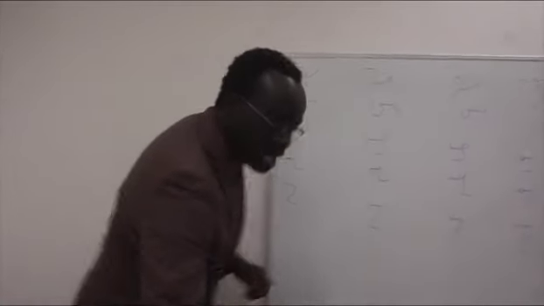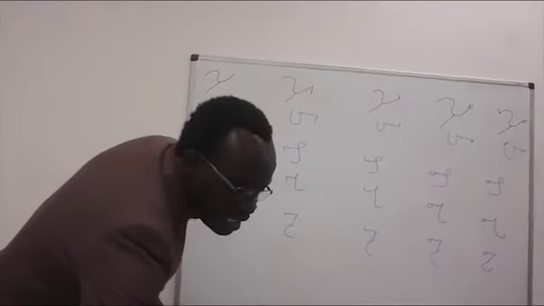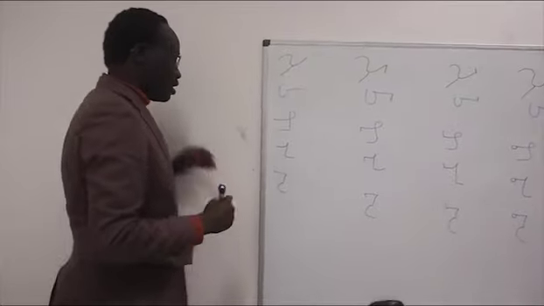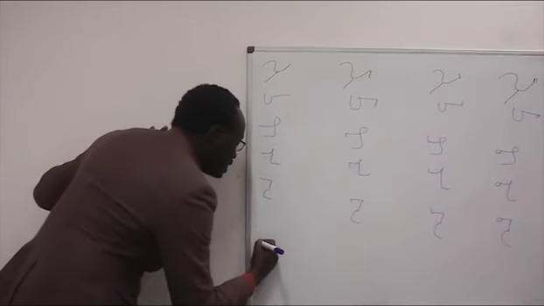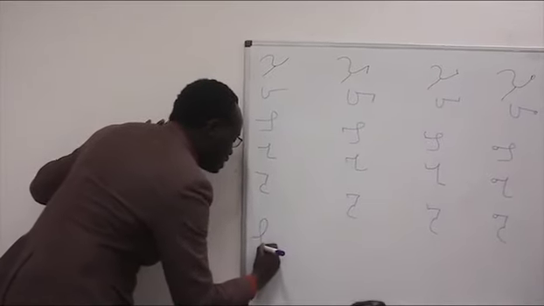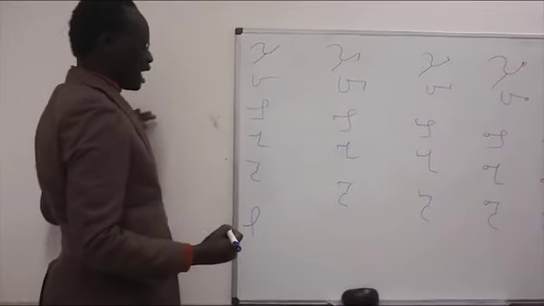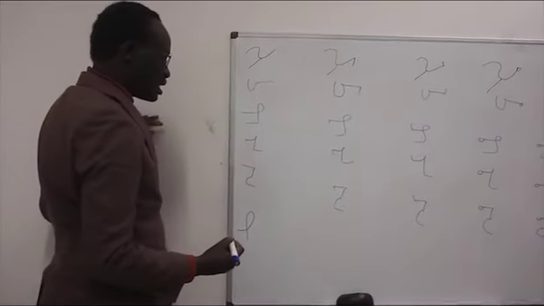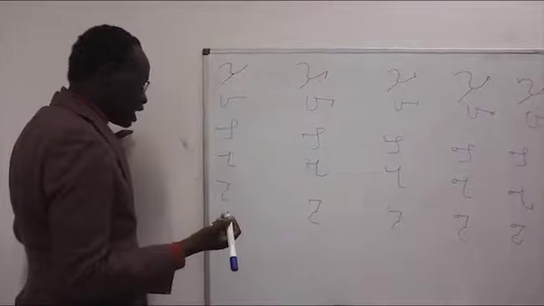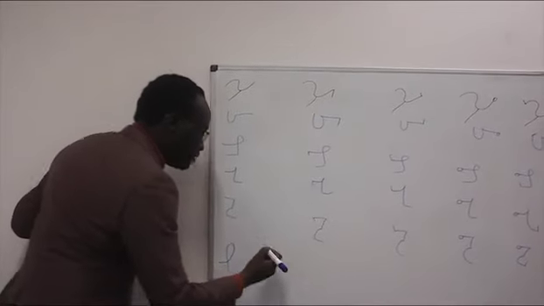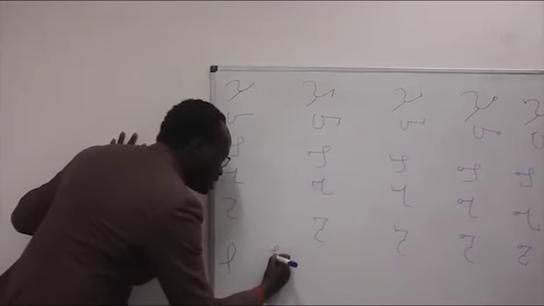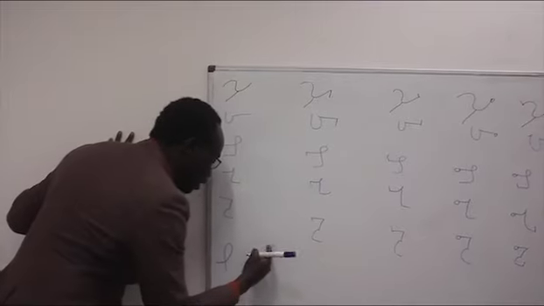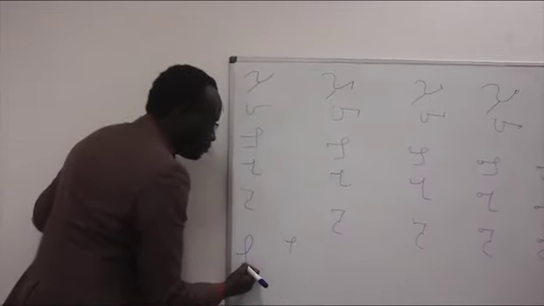After sa, we have what? We're almost done, guys. We're just on the time. So we have ta. Ta is like this. You'll be like, oh, wait a minute. Ta looks like cha. You'll be like, cha and ta, there's no difference. That is a big difference. Cha is like this. You see that? Small. Ta is big.